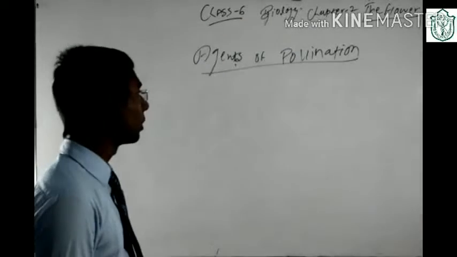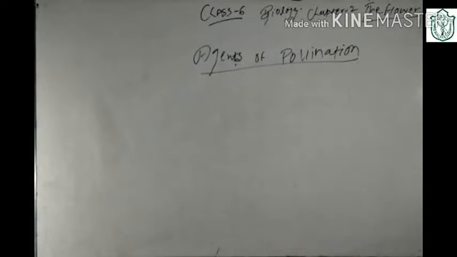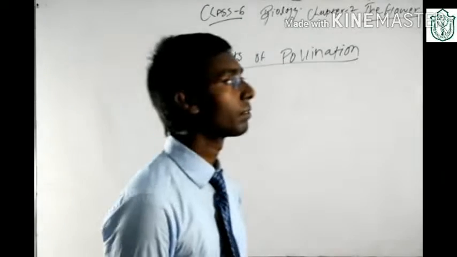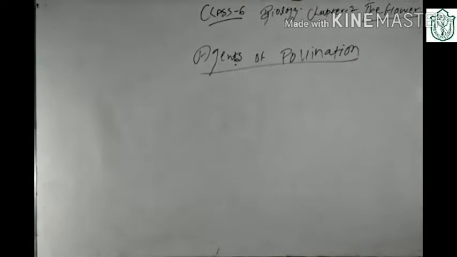What is the work of the agents of pollination? They transfer the pollen grains from the anther to the stigma of one flower or of another flower of the same kind.